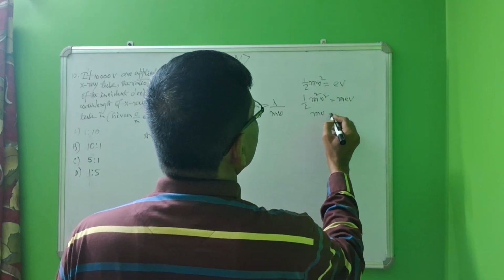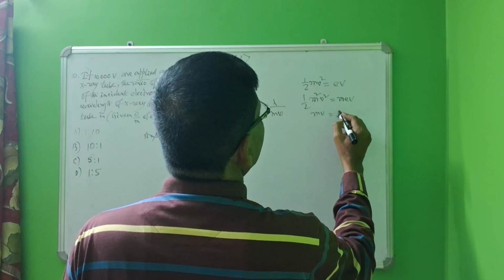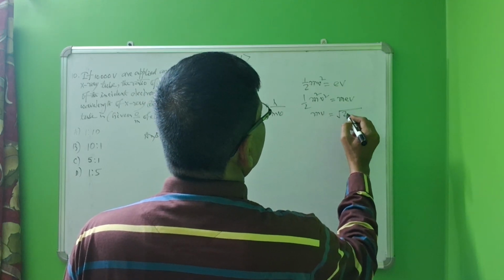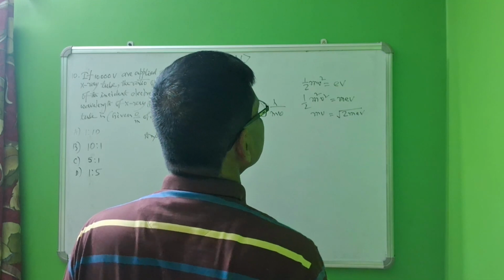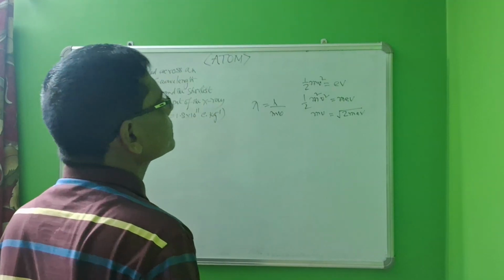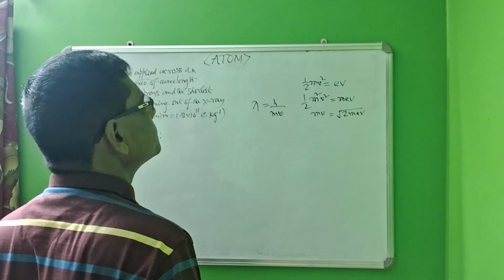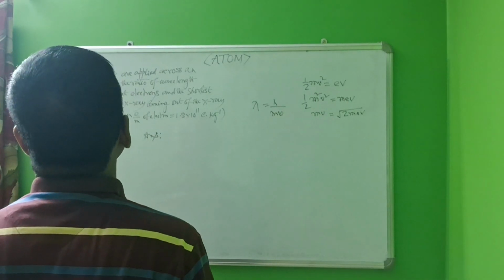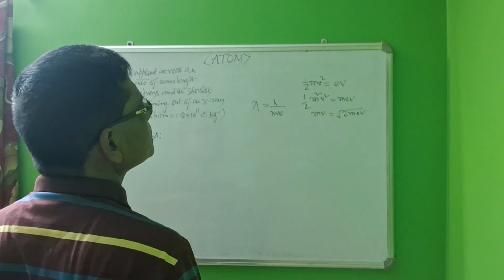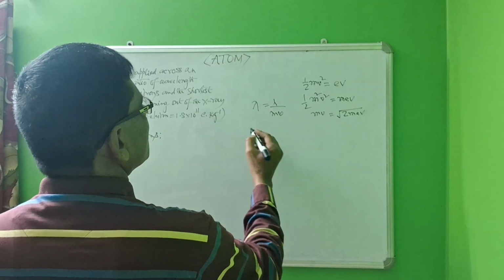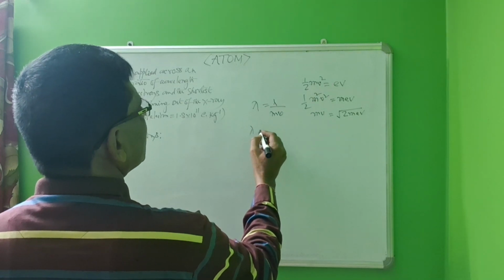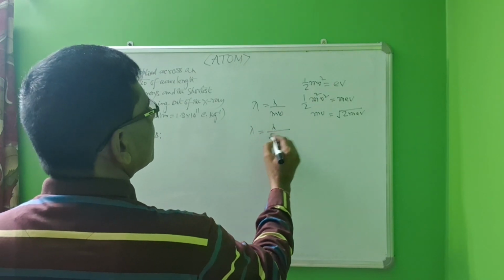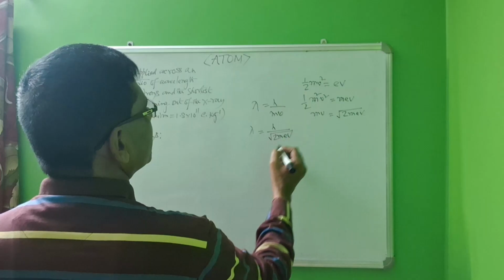So mv equals root over twice meV. So this one to be put here, lambda equals h upon root over twice meV.